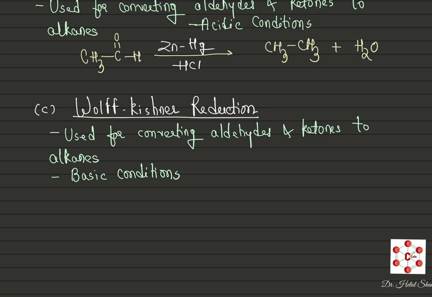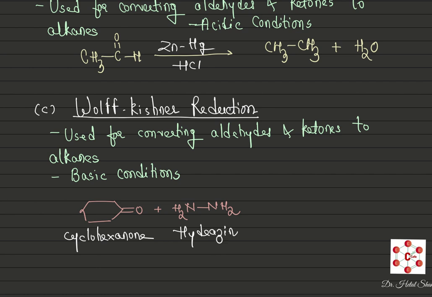What exactly happens here? We can take up a simple molecule like cyclohexanone, and we can allow it to react with NH2NH2. You must have done this in redox. This is hydrazine. With hydrazine, there is loss of water, H2O lost, to give you an intermediate. I'm not going to give you the name here because it's not needed.